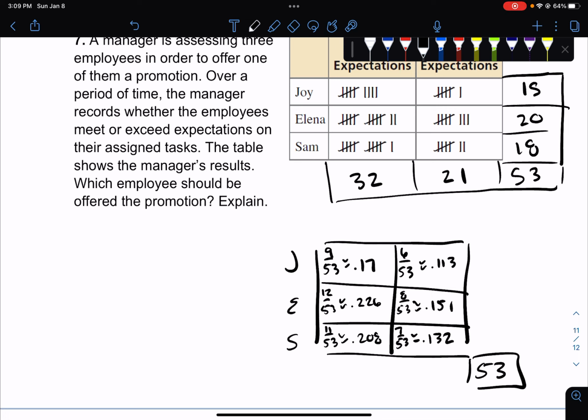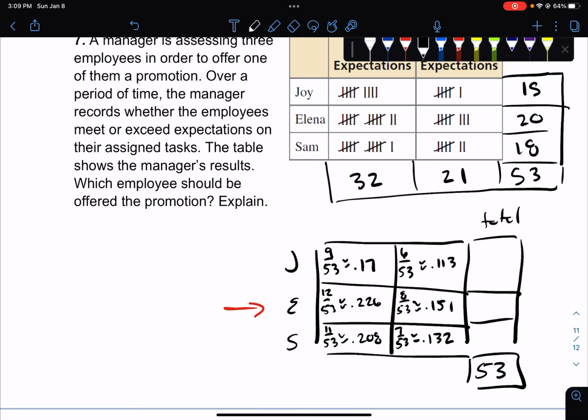But I would be more interested in, out of all of Elena's reviews, what is her percentage of exceeding expectation as opposed to just meeting expectation? I don't care what her percentage is out of everyone. I want to know what's her percentage just based on her own individual ratings. So I'm interested in these numbers as well, the totals.